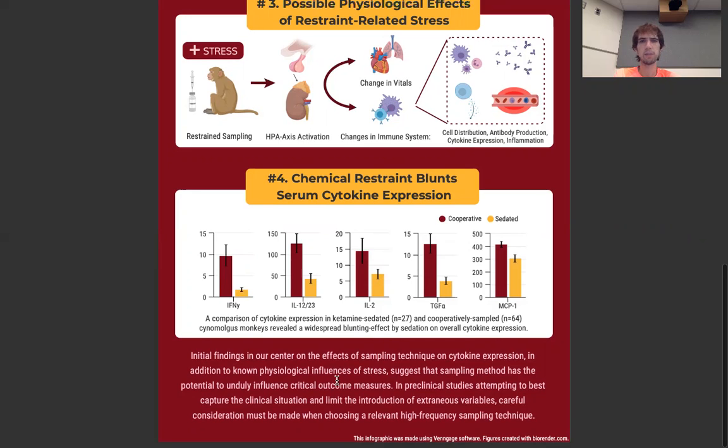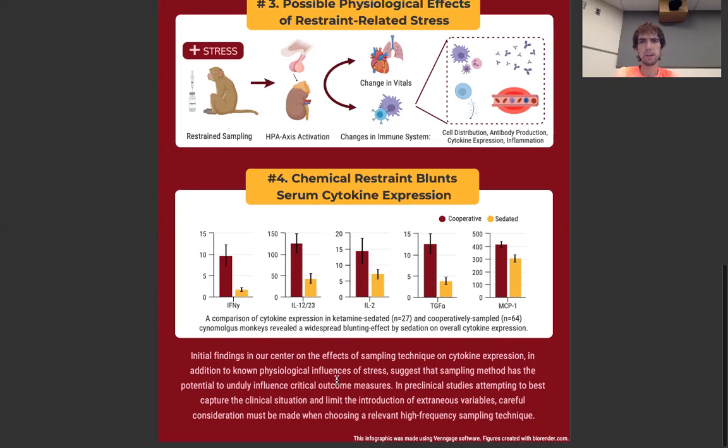Overall, we found a widespread blunting of cytokine expression in the sedated group compared to the cooperative group across a wide range of cytokines, including those that are known to have major pro-inflammatory roles and those that are known to have major anti-inflammatory roles. This shows that, regardless of precise mechanism, it is likely that sampling technique has an effect on baseline immunology that may have profound impact on study interpretation.